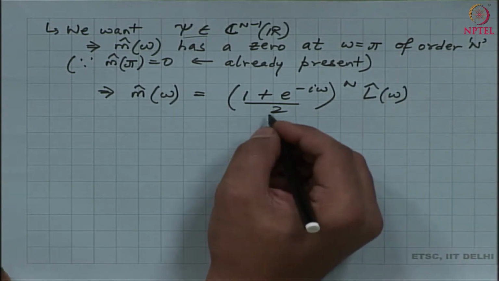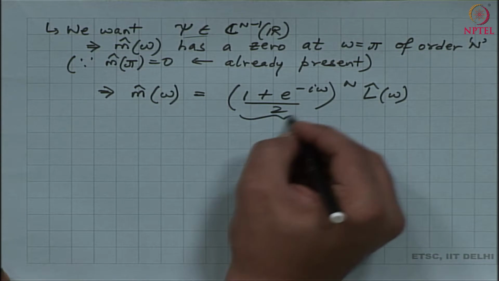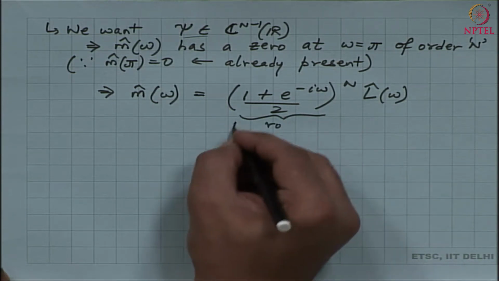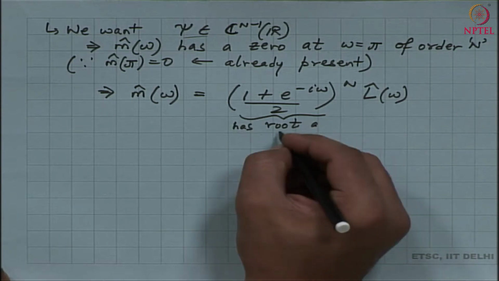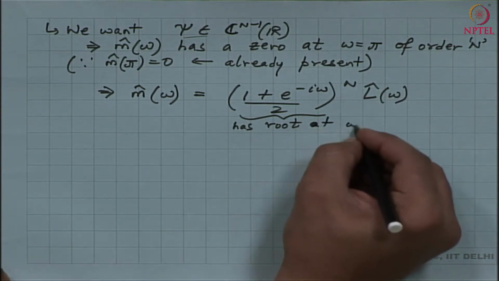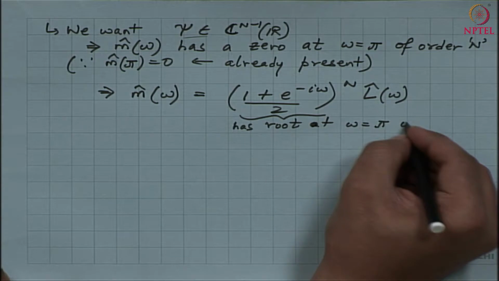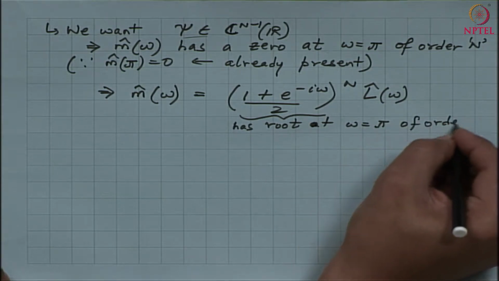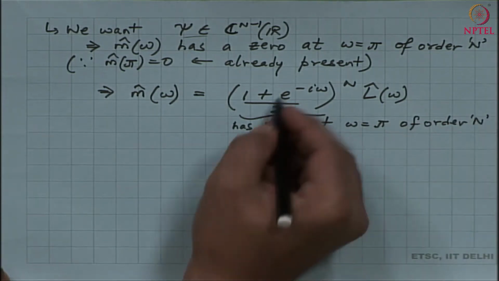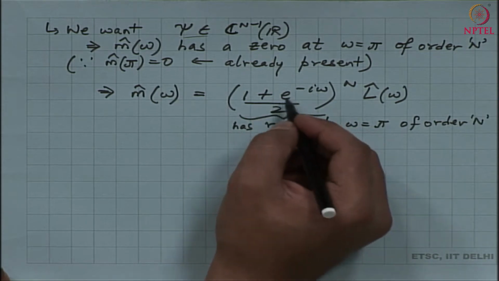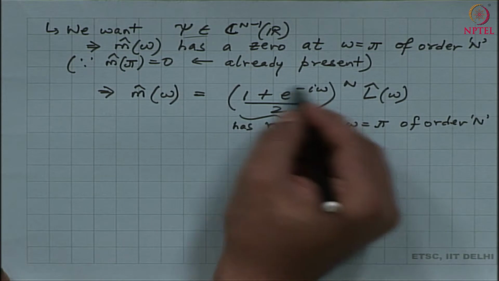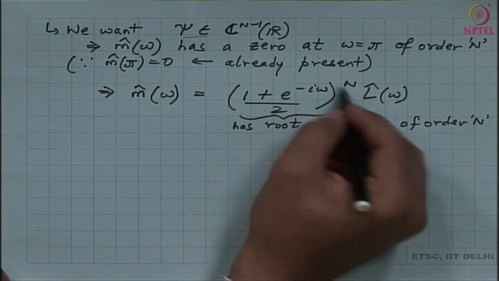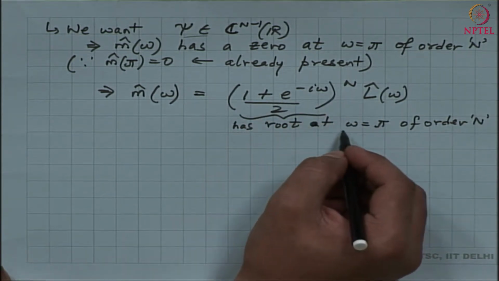I see that this has a root at omega equals pi of order n. By introducing this factor, I have made sure that this associated generating function has a root of order n at omega equals pi.